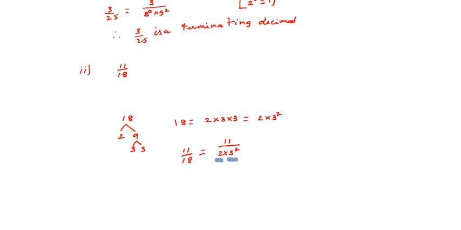So 11 by 18 is a non-terminating recurring decimal.